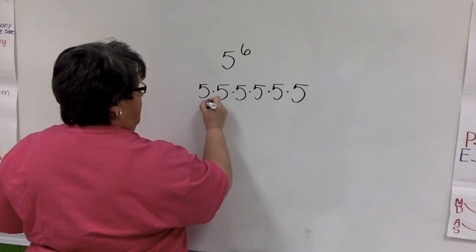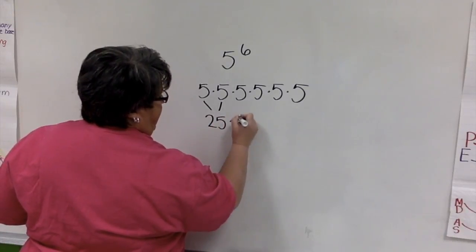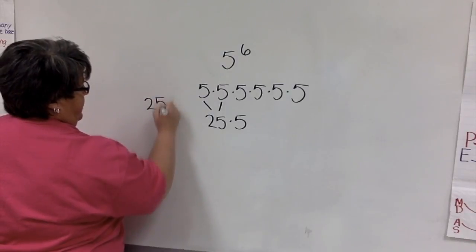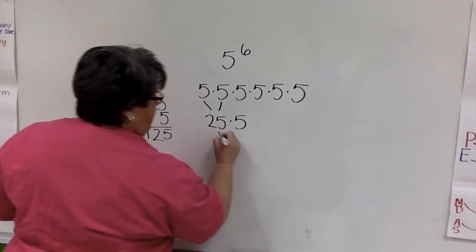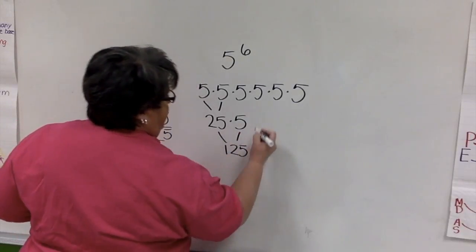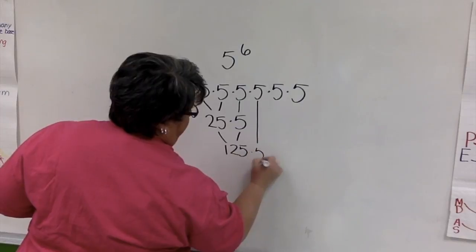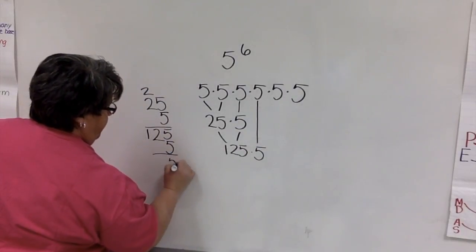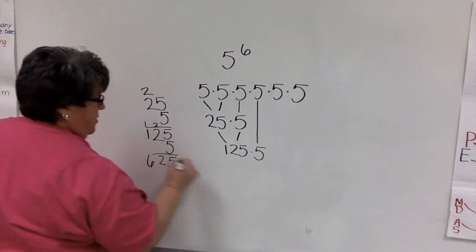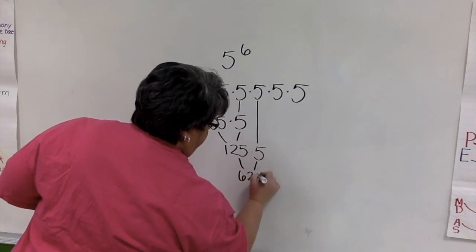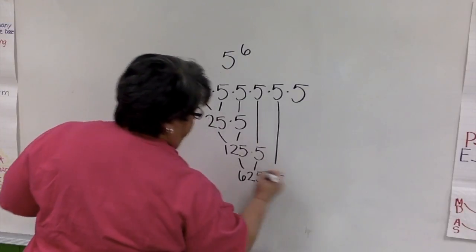And how can we work this out? By multiplying each set. So 5 times 5 is 25 times 5 is 125. And then so we brought this one down, and we're going to bring this one down, times 5 is 625. You still see that? Yep. All right, then we're going to bring this one down, times 5.